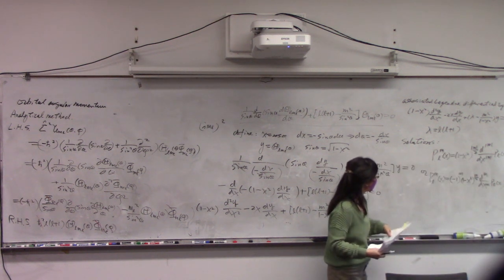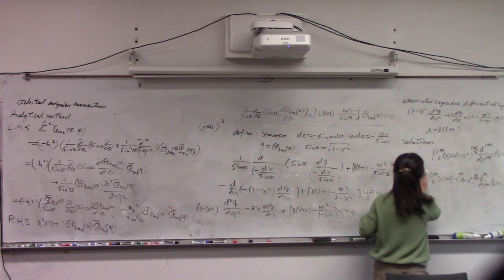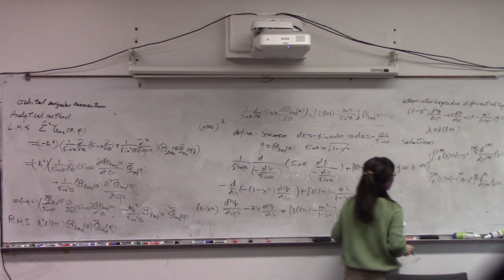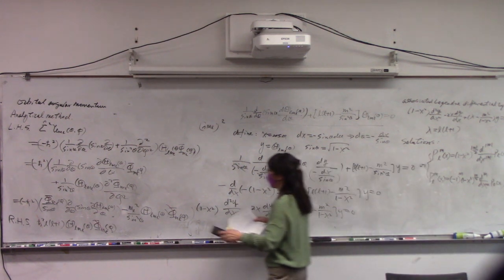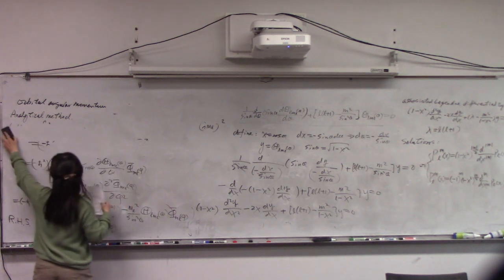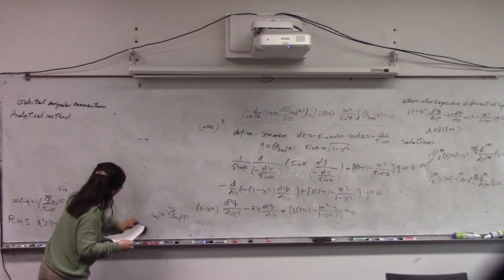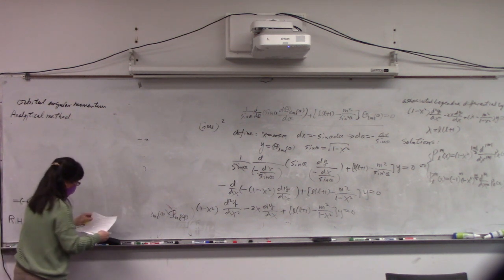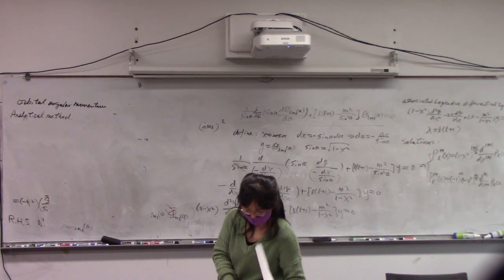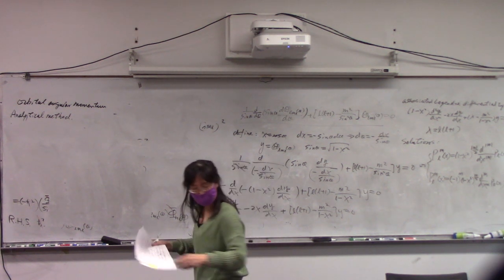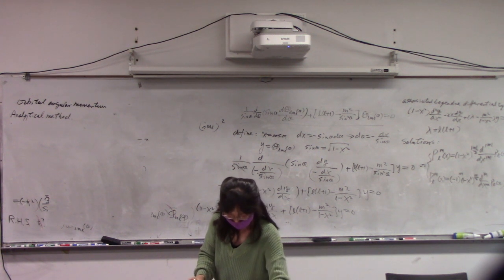I'm not sure which one you're familiar with in your mathematical physics class. Either one you can use, and here we have another P_L, which is the Legendre polynomial. Let me just get the final expression of the P_L, then we finish.